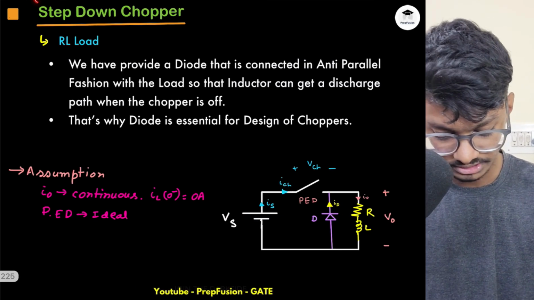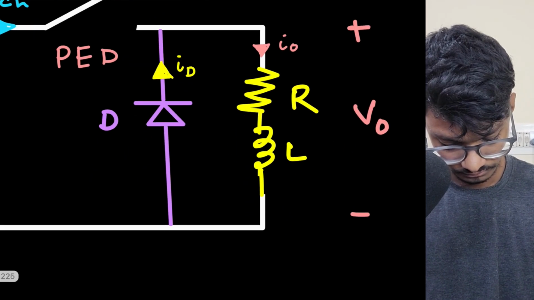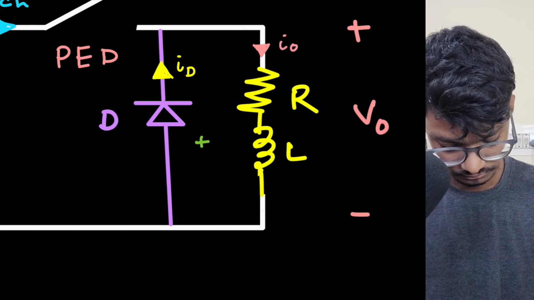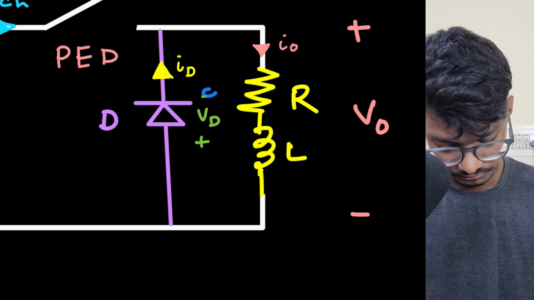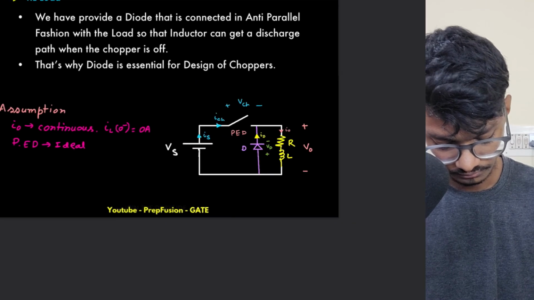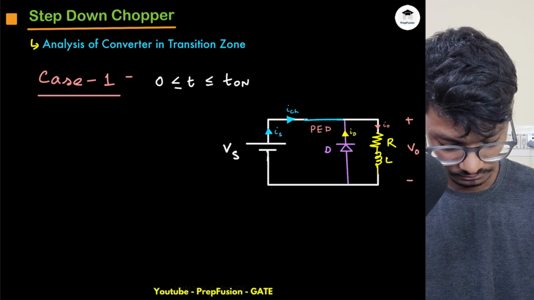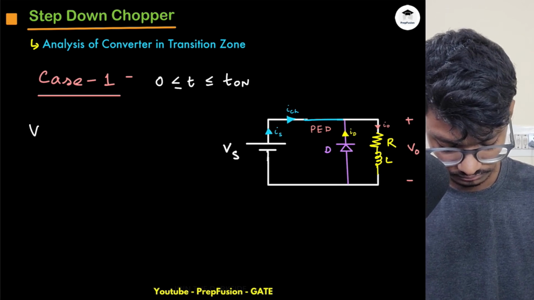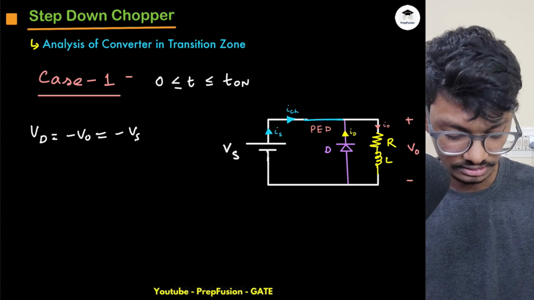Because if I measure the voltage VD, VD will be minus VO, or equals minus VS, so it is negative.